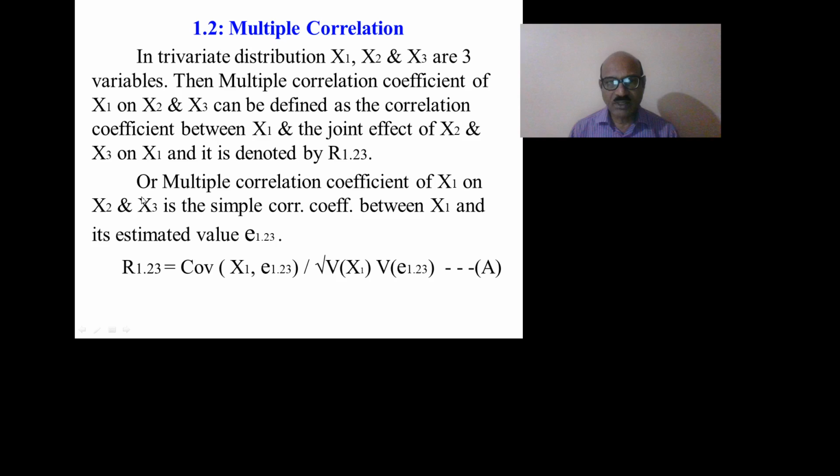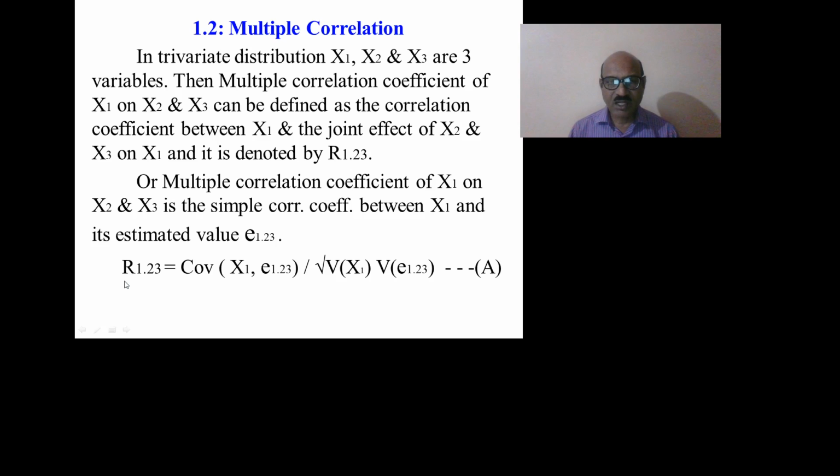In other words, we can define this multiple correlation coefficient of x1 on x2 and x3 as the simple correlation coefficient between x1 and its estimated value E1.23. Already we have studied that estimated value in multiple regression.